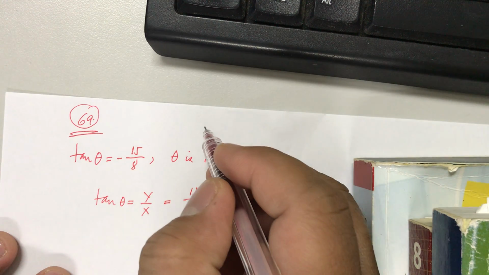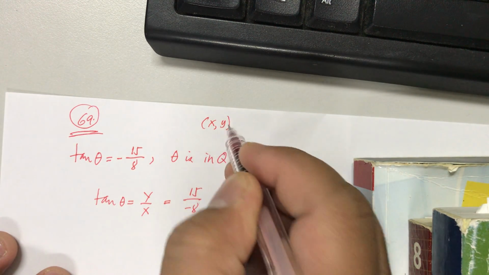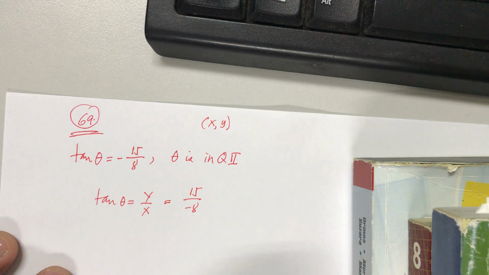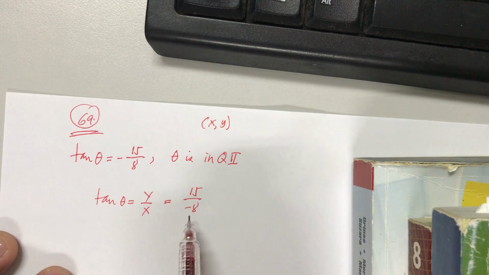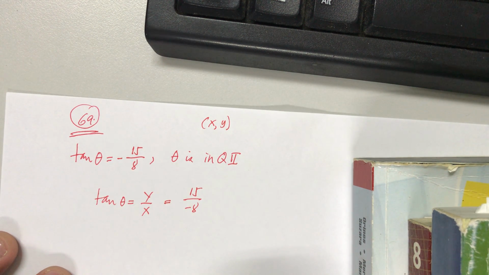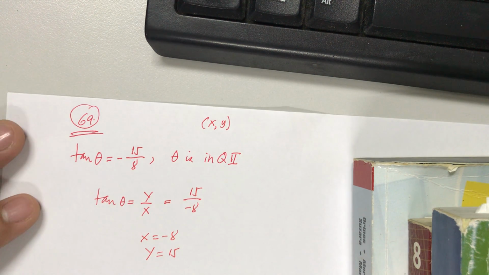Since the ordered pair xy found in quadrant 2 has an x-coordinate which is negative and a y-coordinate which is positive, x is negative 8 while y is 15. So, it is clear.